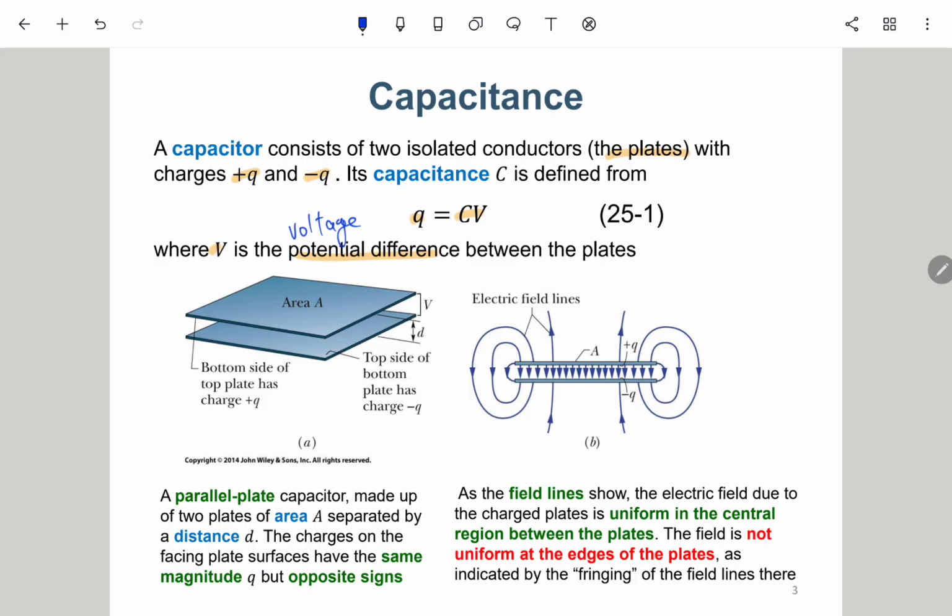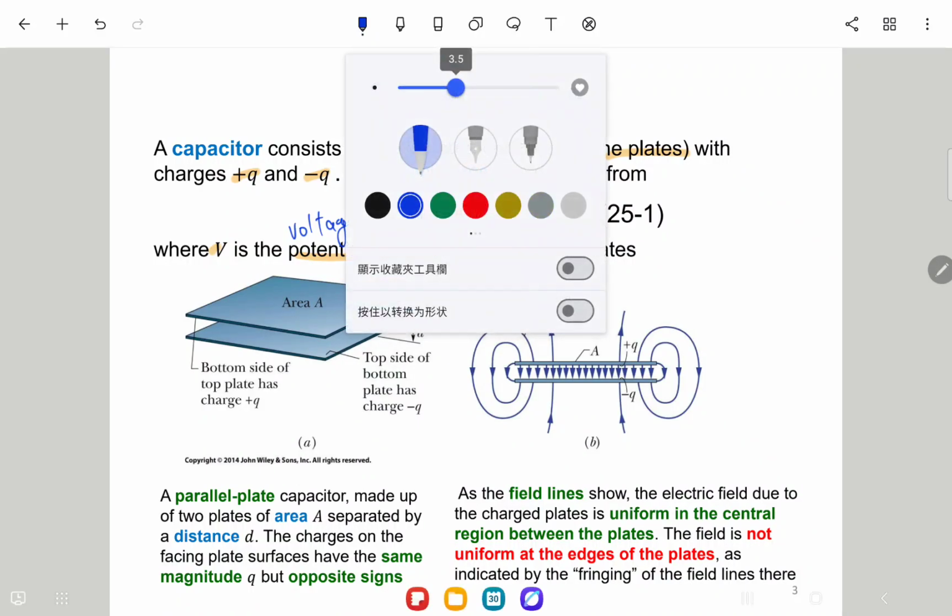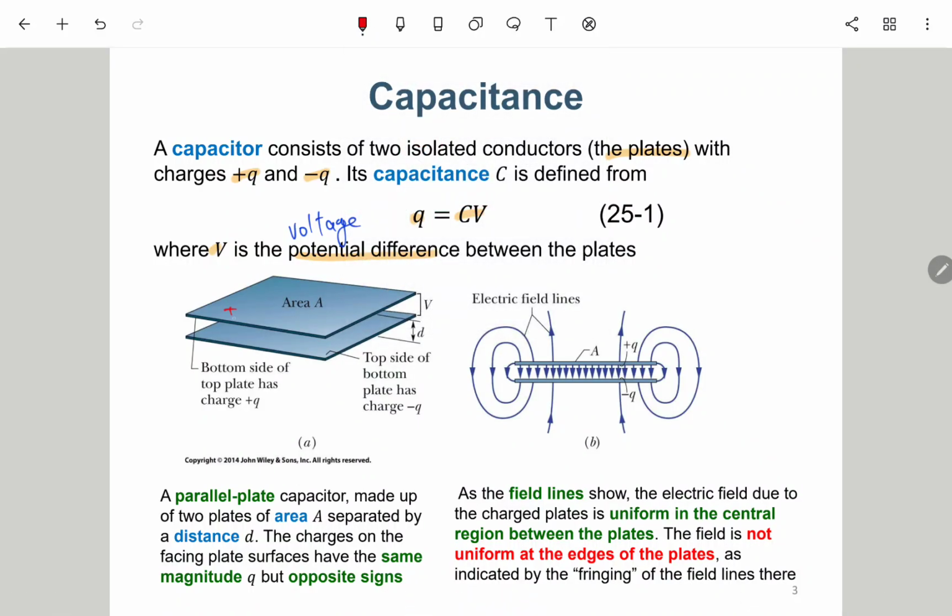So let's say we have a positive charge on the top plate, and then we have a negative charge on the bottom plate.